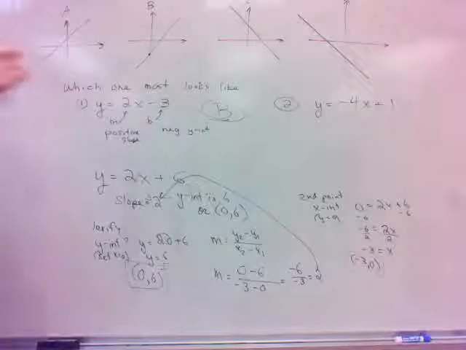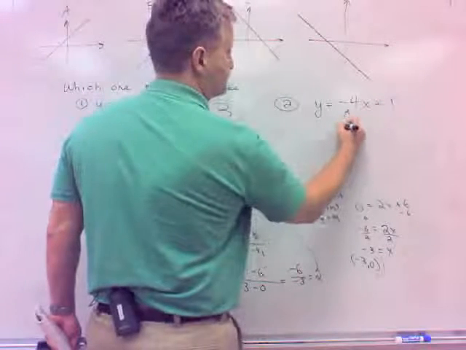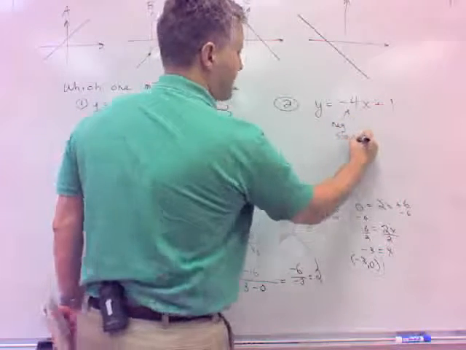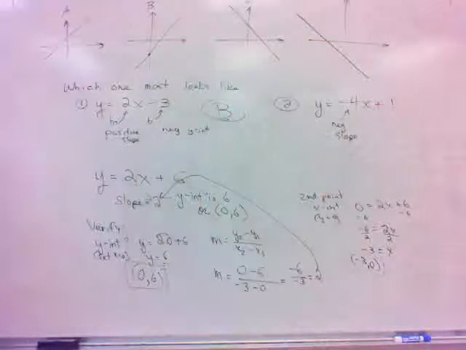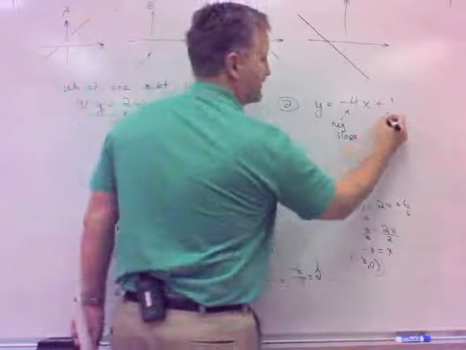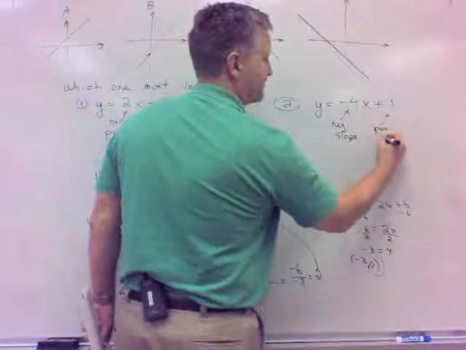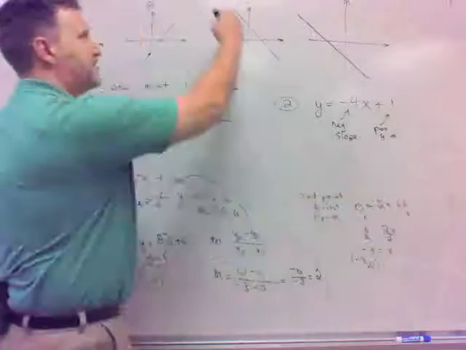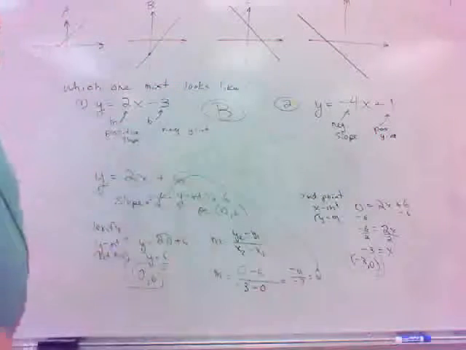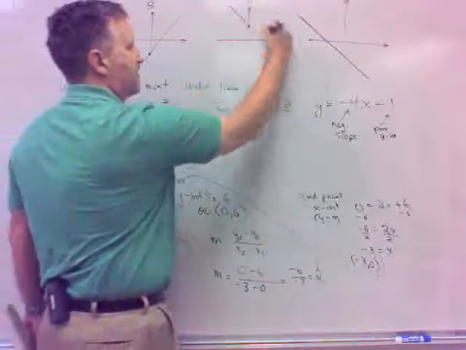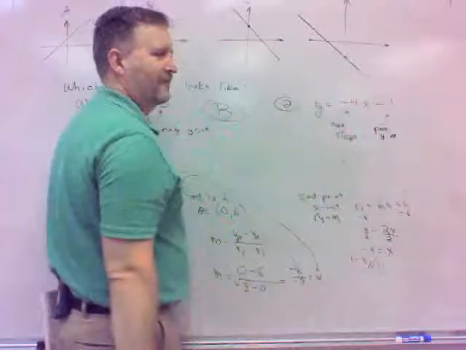Well, we've got a negative slope, right? Change your mind? Negative slope, but positive y-intercept, isn't it? So the negative slopes are C and D. This one has a positive y-intercept. This one has a negative y-intercept, though, doesn't it?